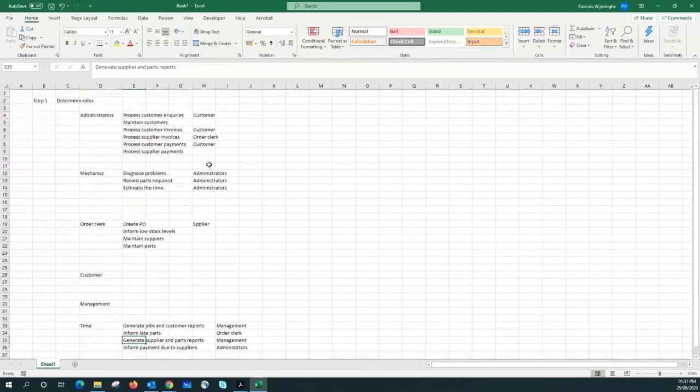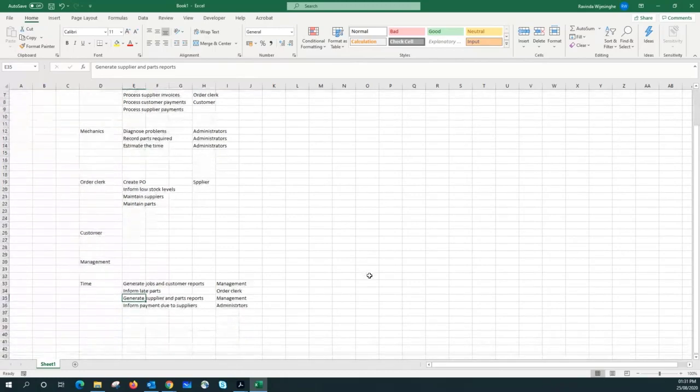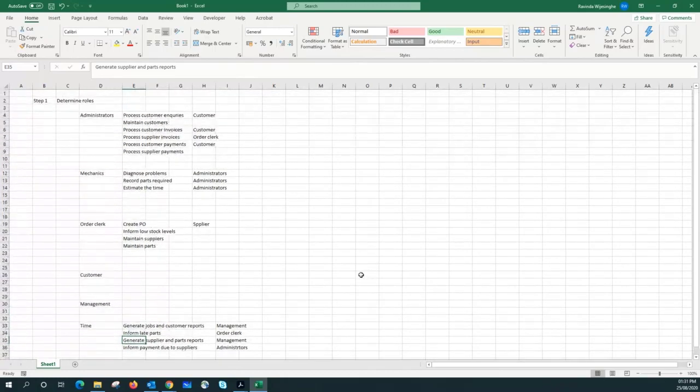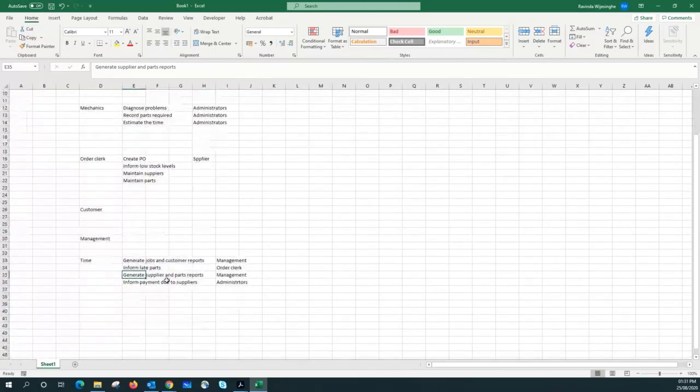So that is step one and this is step two. Now the next step is we can generate the use case diagrams.